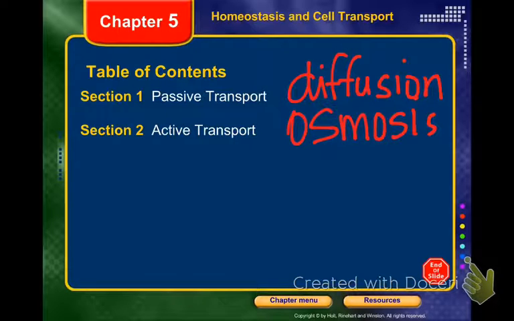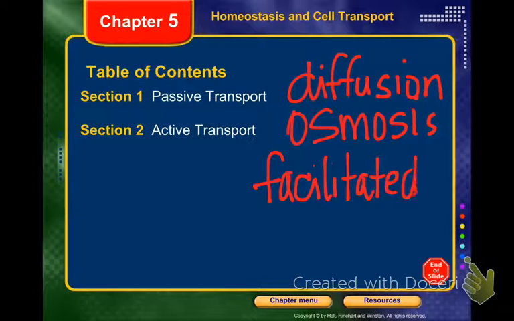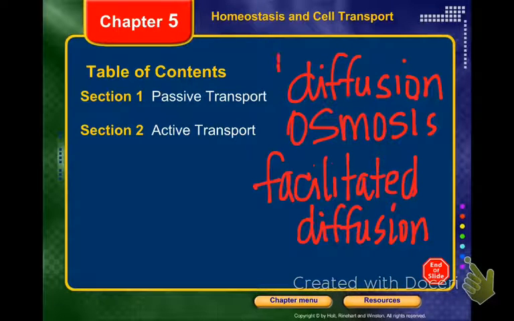Why are they in the passive transport section? They're not. Oh, it's facilitated diffusion. Okay, so we have 1, 2, 3 processes.